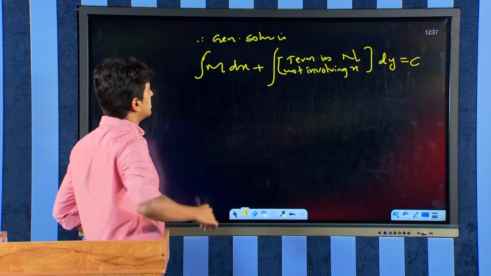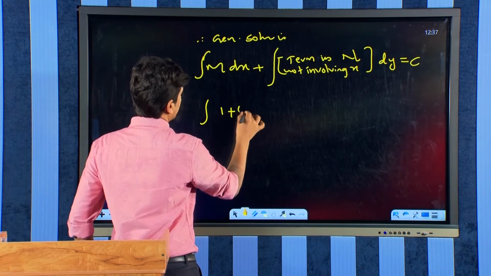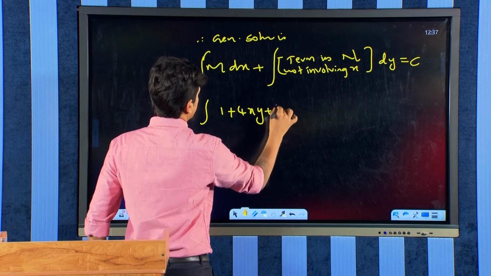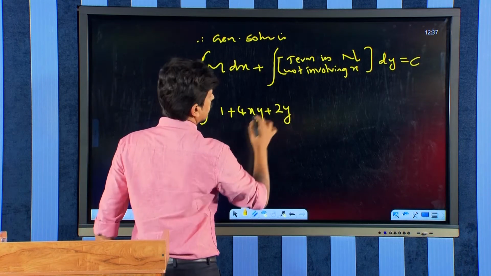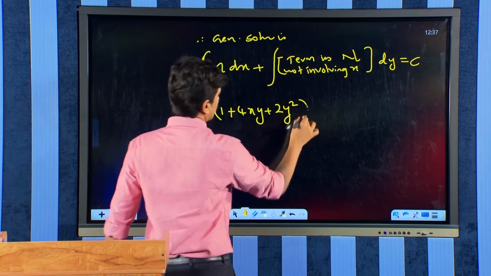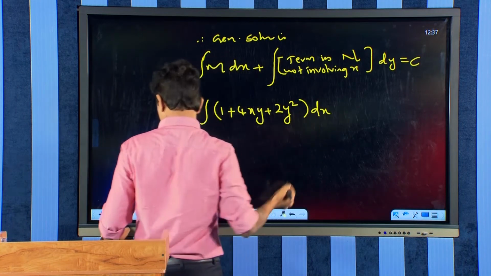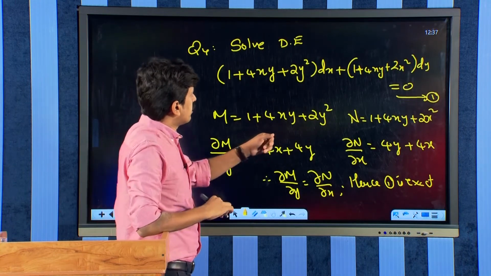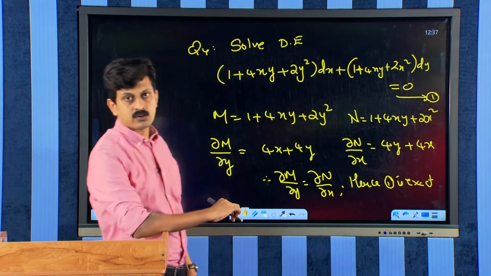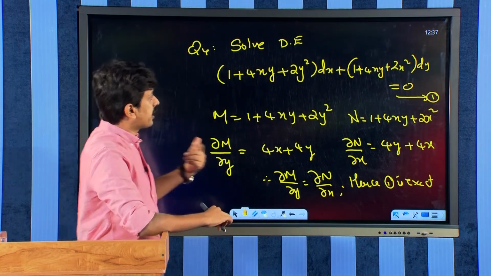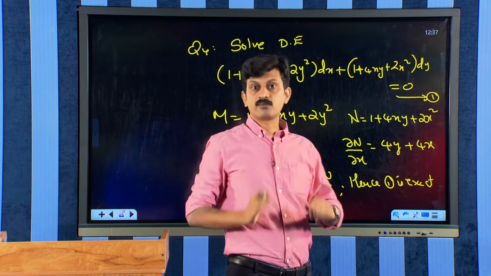Therefore, we can write integral of 1 plus 4xy plus 2y square dx. And then we again have the terms in N not involving x.